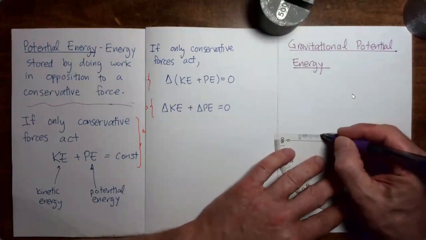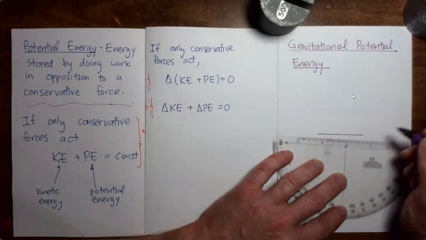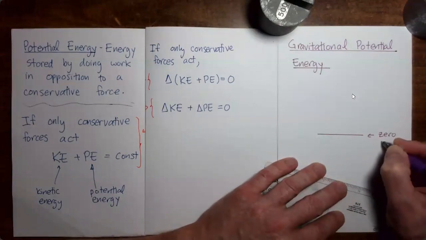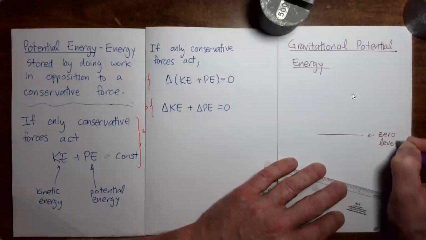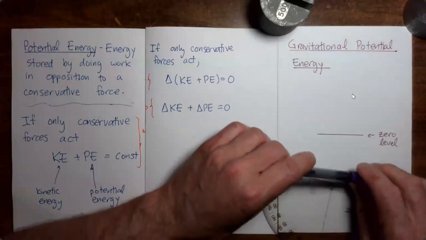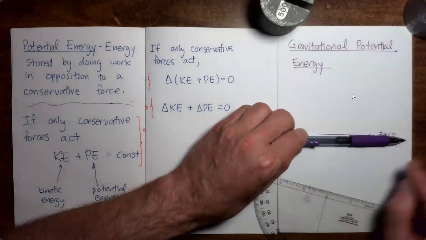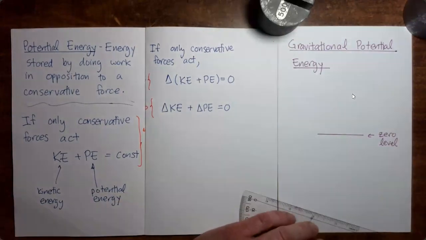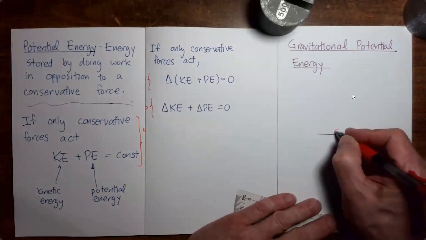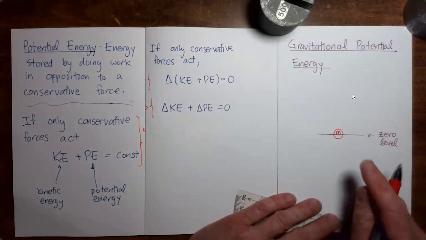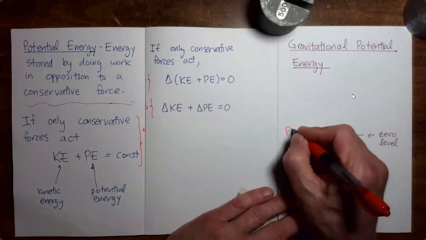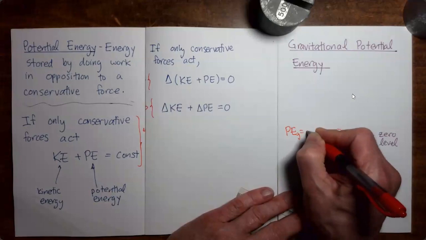We start by introducing what we call a zero level. The zero level is a horizontal level which extends infinitely in all directions. Let's say we have a mass right here, which is at the zero level. That mass would then have a gravitational potential energy equal to zero.